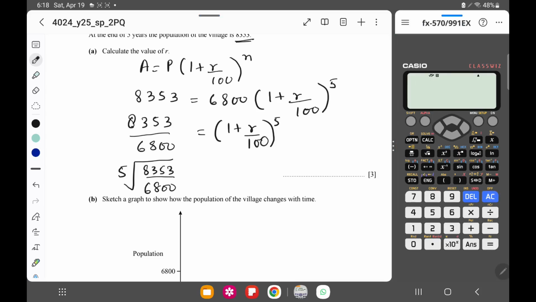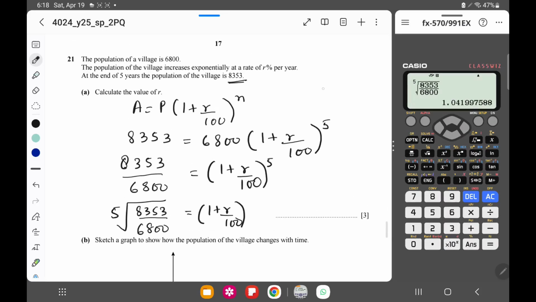So you will use shift and then fifth root, write down here, inside the numerator denominator option, 8,353 and then divided by 6,800. That is equals to 1.042.